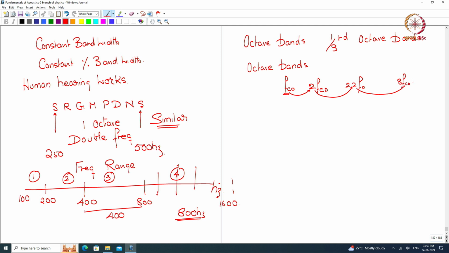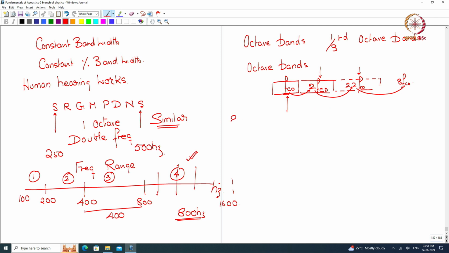Then there is a frequency band around FC0, a frequency band around twice FC0. So twice FC0 represents a band. Then similarly 4 FC0 represents another band, a higher band, and so forth. So the bands are characterized in terms of the center frequency value. Now I said this is very rough, very quickly.